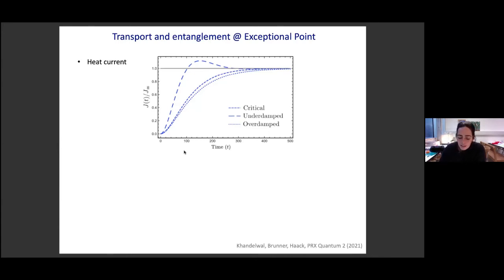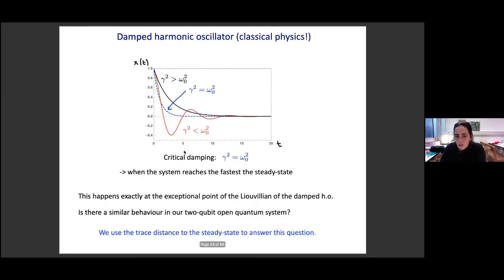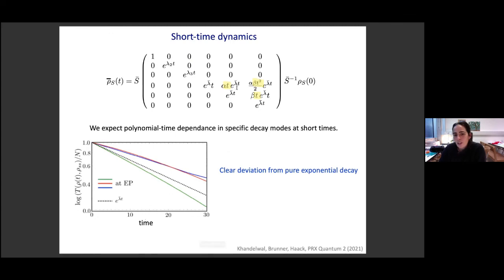Because this is really related to the Jordan form. So indeed, if you have a higher degeneracy, you will have a bigger upper triangle to fill in with the Jordan coefficients. But as I said, it was a bit misleading. You can have signatures of different types of orders of EP, but the difference between the t squared, t to the power 3, or t to the power 4, I don't believe can be evidenced experimentally.